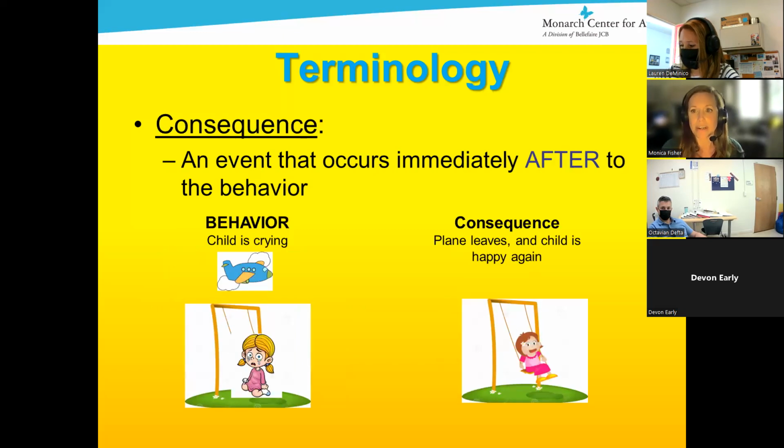For consequences, those are events that occur immediately after the behavior. So in this example, the child was crying and then the plane leaves and the child is happy again. Another example of that might be when I'm thinking about my dog's barking, right? My dog barks whenever another dog walks by.